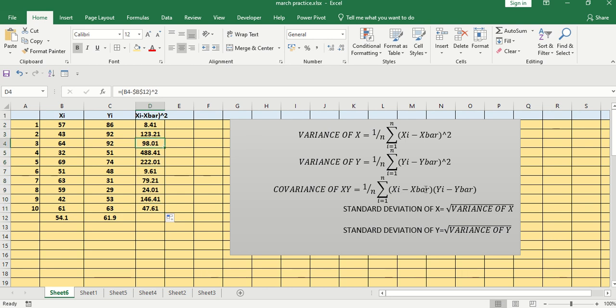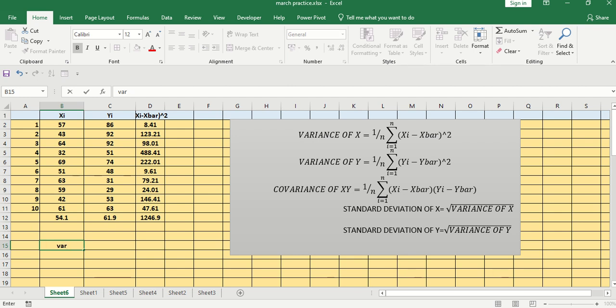Now what we want to do is the summation, because we have to find the summation so that we may divide by the sample size. So now we find the summation. We have sum. This is the summation. So now what we are going to do is to calculate the variance.